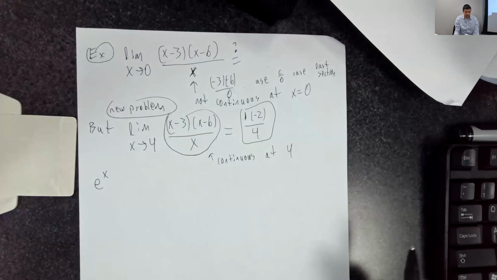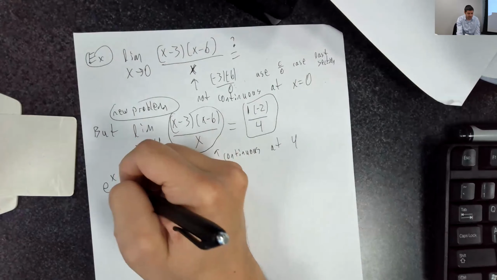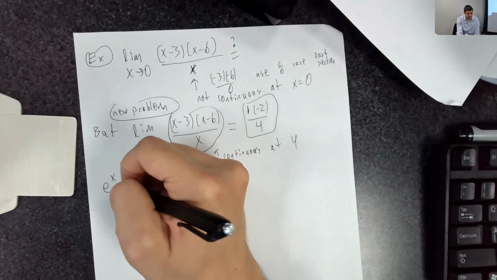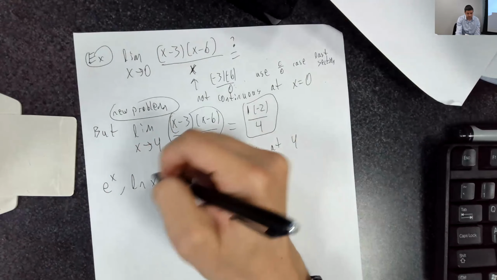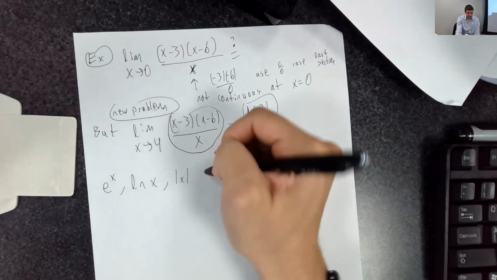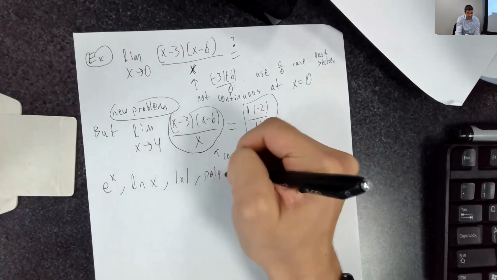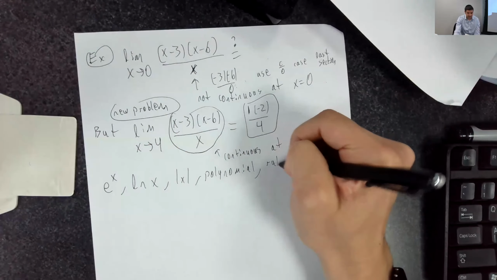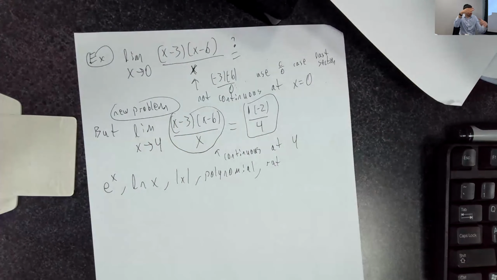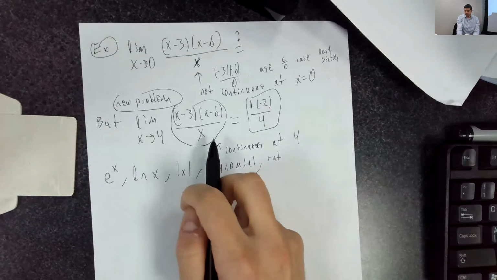Yeah, so this was like a new problem. Most functions that you guys are used to are all continuous: e to the x, ln of x, absolute value of x, any polynomial, rational functions. Rationals are polynomials over a polynomial, like this was a rational function.